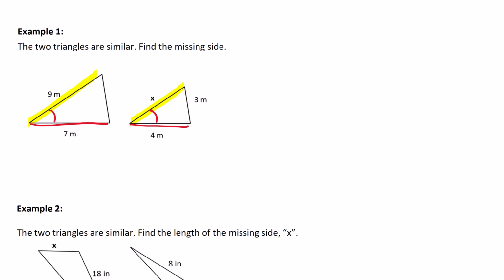If that's the case, I can now set up a fraction for the large triangle. It would be 9/7. And if I want to set up a proportional equation, I can say that it is equivalent or proportional to x/4.